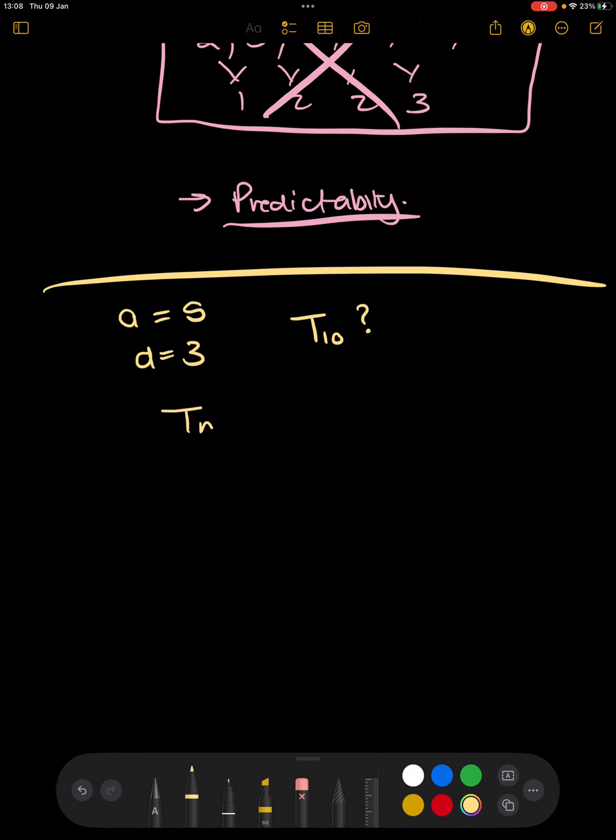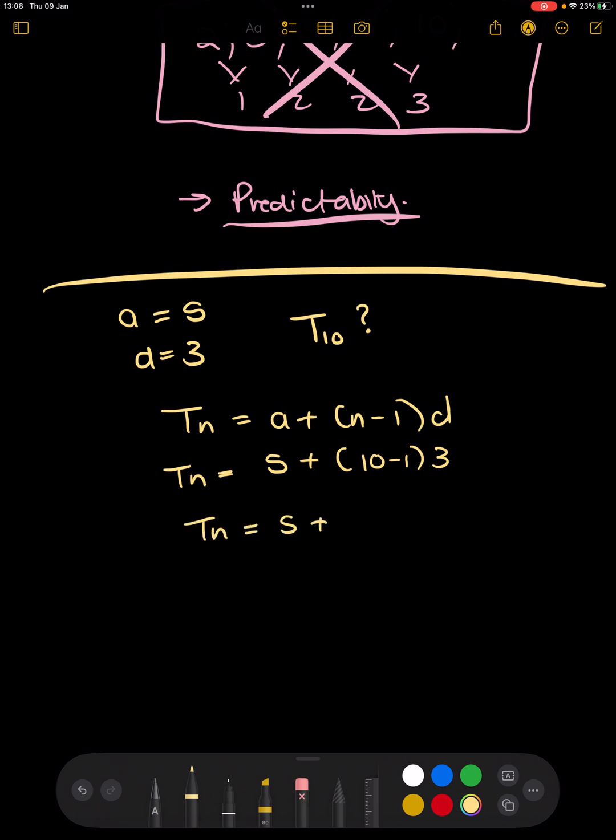So we're going to say Tn is equal to a plus (n minus 1) times d. a is my first term, which is 5. n is my term, which is 10. And d is my difference, which is 3. 9 times 3 is 27. So the 10th term will be equal to 32. Right, so that's the first example.